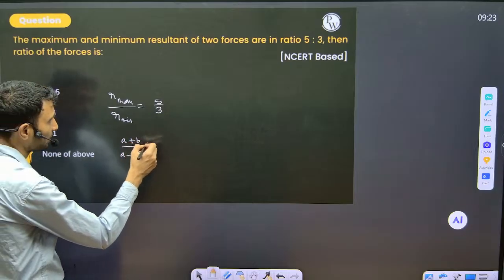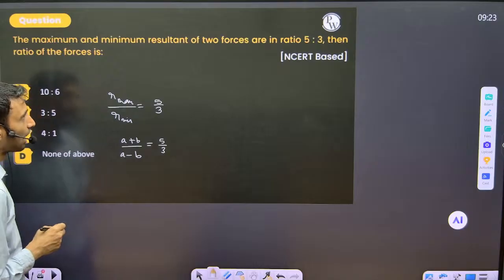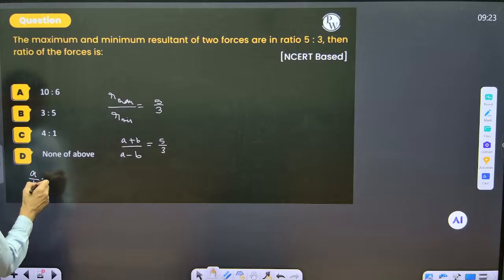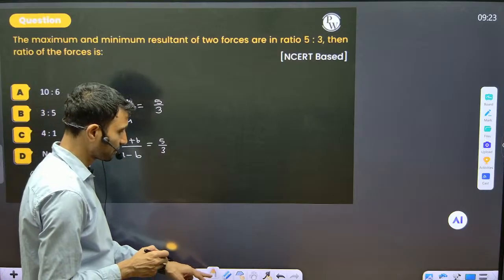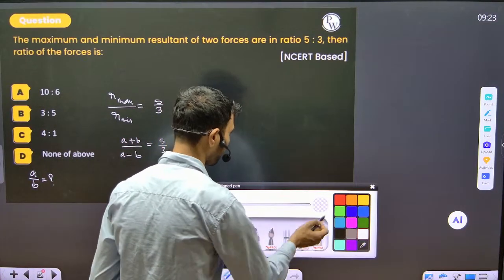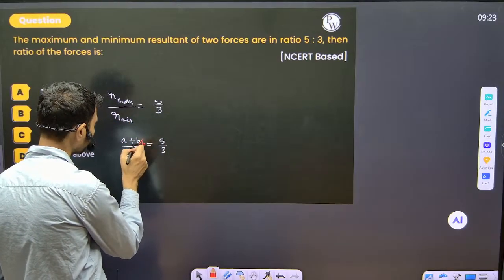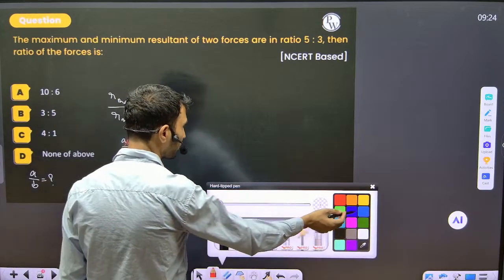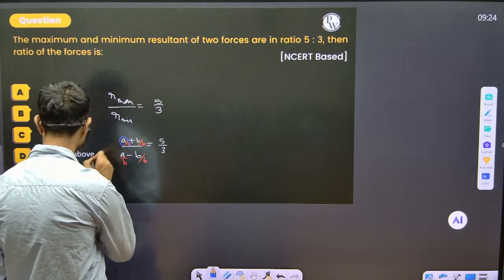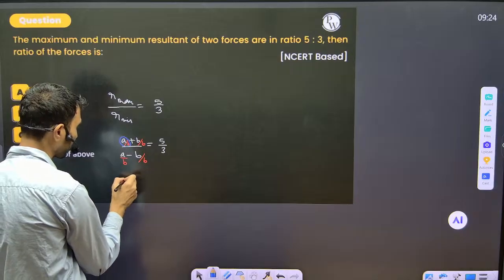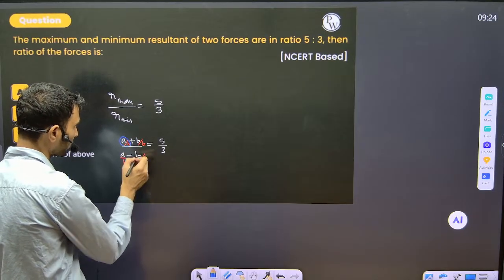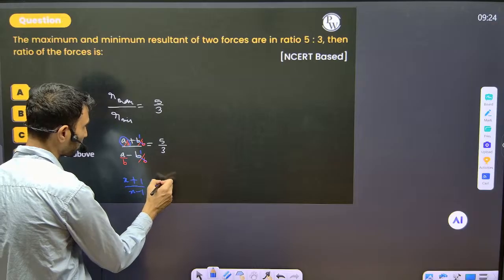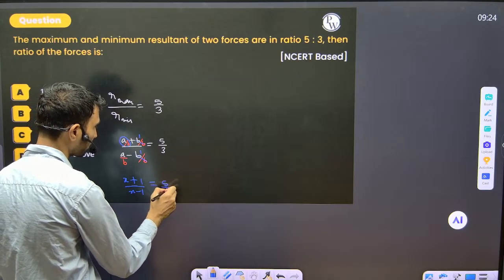So R max upon R min is equal to 5/3. And to find the ratio of the forces, you have to find the value of A by B. For that I can divide the entire equation by B. Let A by B be equal to X. X plus B by B, B by B is 1, so X plus 1 divided by X minus 1 is equal to 5/3.